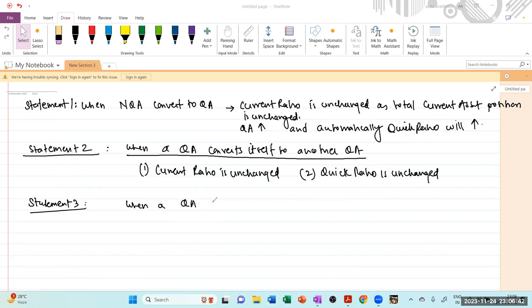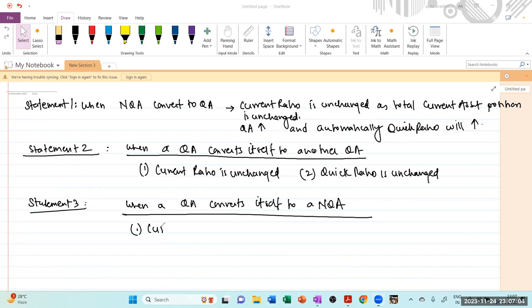When a quick asset converts itself to a non-quick asset. Now I would want a response from you, my dear students. What will happen in this situation? What will happen to the current ratio? Please tell me. Unchanged. Perfect. And what will happen to the quick ratio? It will decrease. Perfect. Quick ratio will decrease.